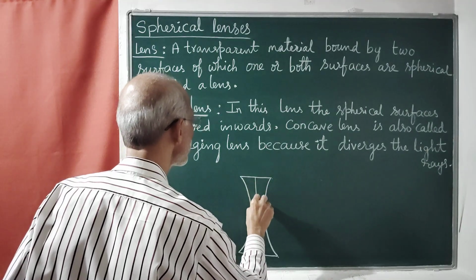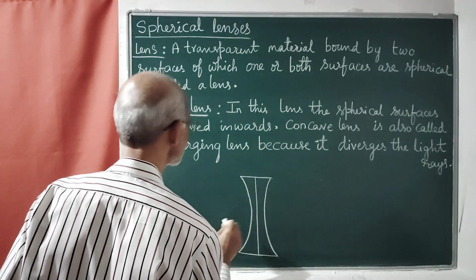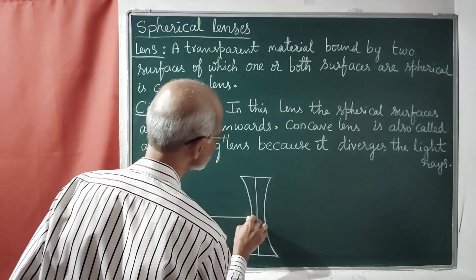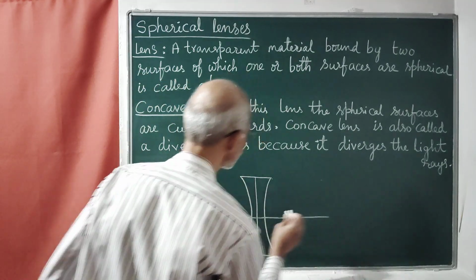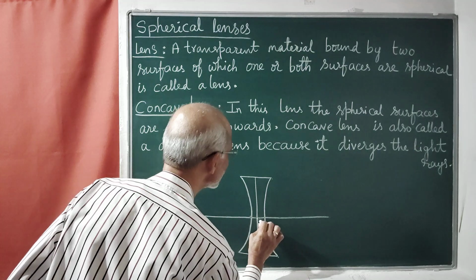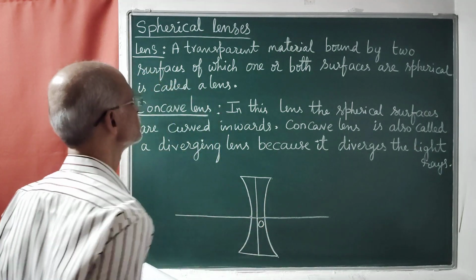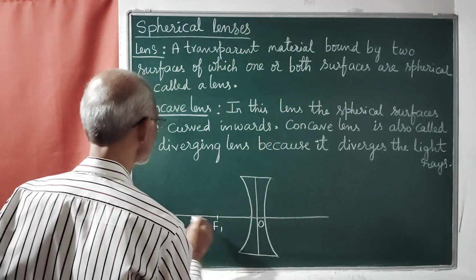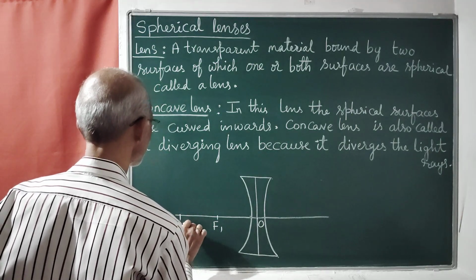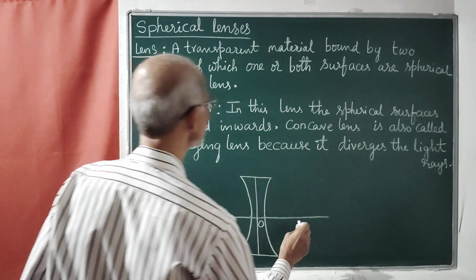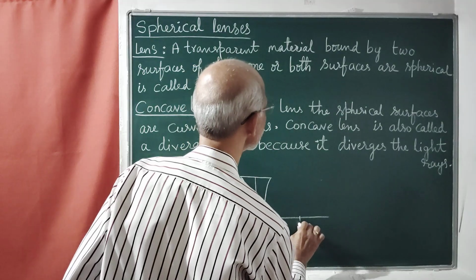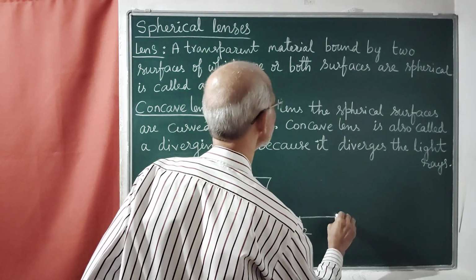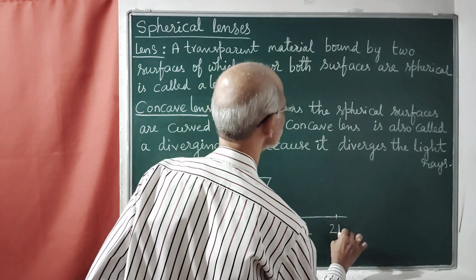This is the principal axis, and this point is called the optic center O. Here we have got F1, 2F1, F2, 2F2.